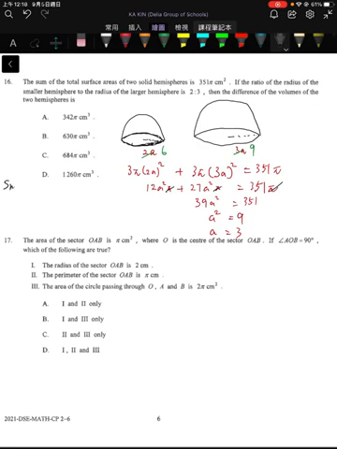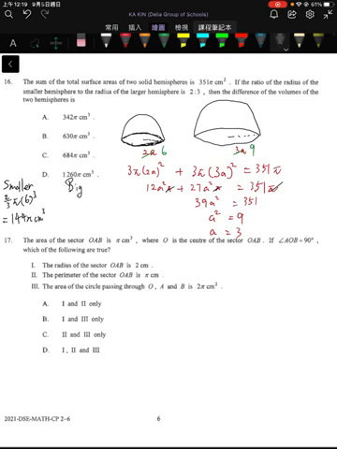If we focus on the smaller one, its volume follows the formula 2 over 3 pi, and then radius to the power 3. After simplifying, the volume of the smaller hemisphere becomes 144 pi cm cubed.